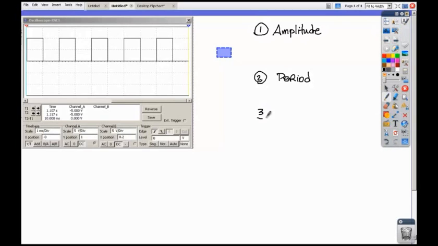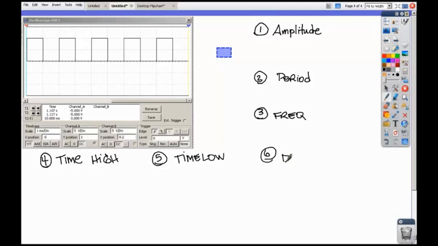Once we find the period, we can use that information to find the frequency, and then time high, time low, and the duty cycle.